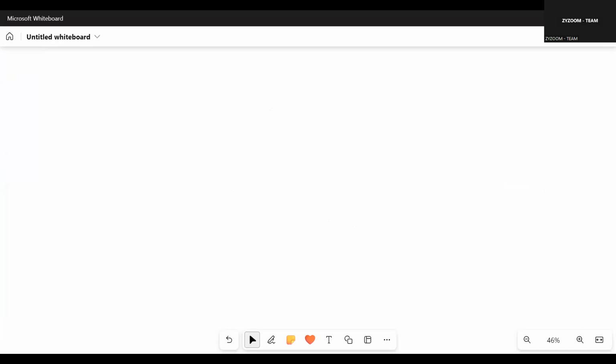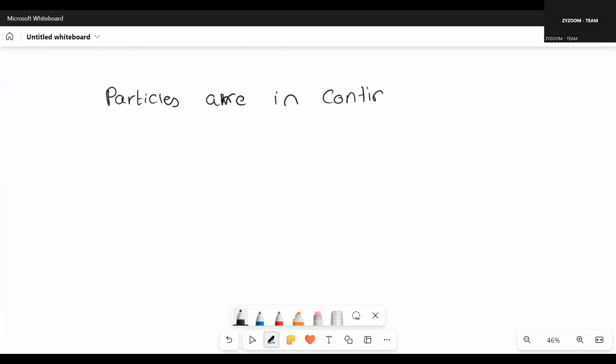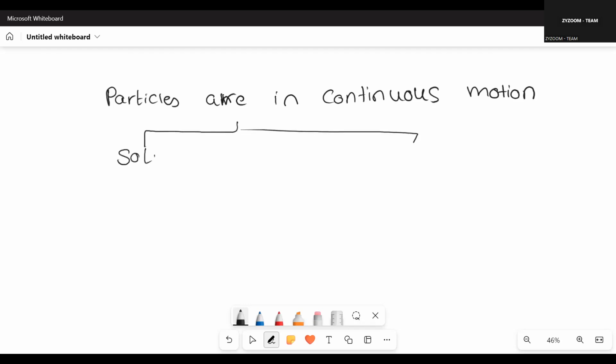We know that particles are in continuous motion. This means the particles are moving all the time. And the particles, if they are in continuous motion, solids have limited motion.